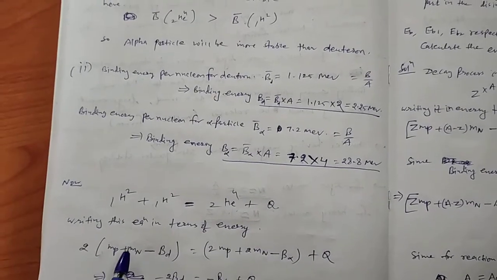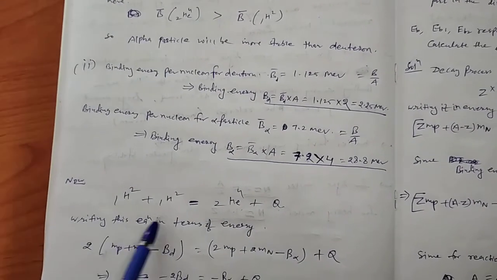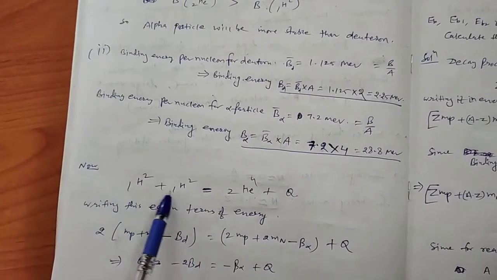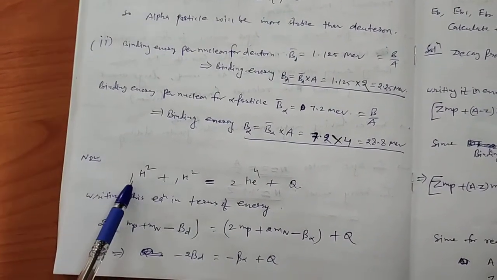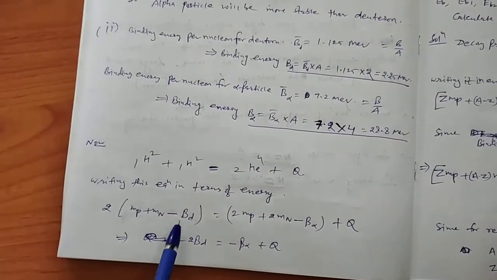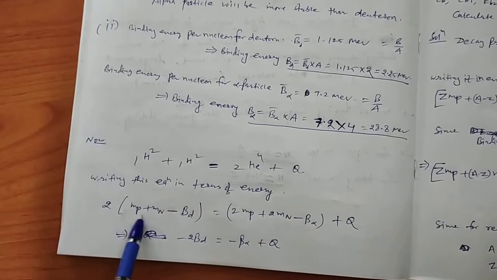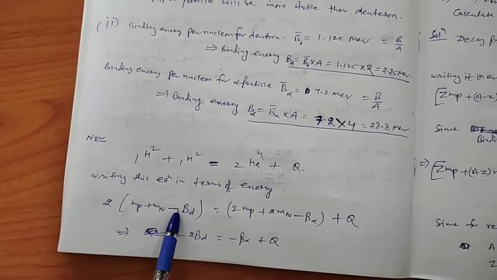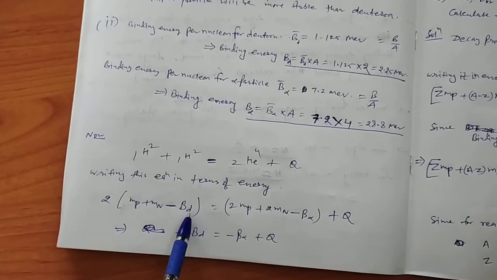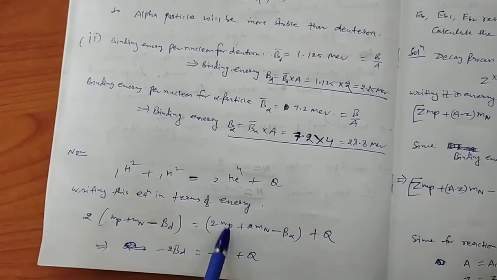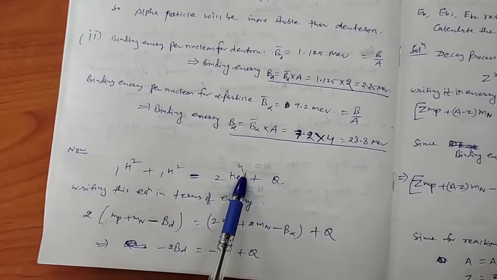So writing this equation in terms of energy, because here are two nuclei, 1H2 and 1H2, I multiply it by 2, and in energy terms we can write it like this: mass of proton, mass of neutron, minus binding energy, and in this case 2 protons and 2 neutrons.